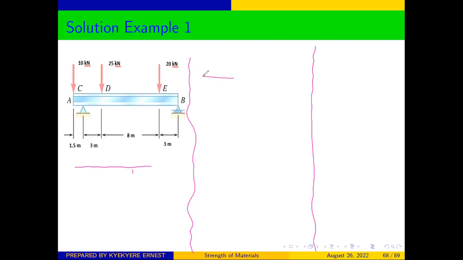So this is my shear force. So you draw the diagram.